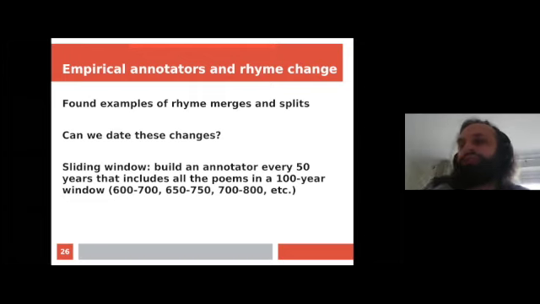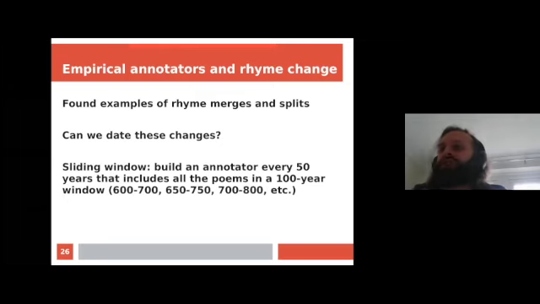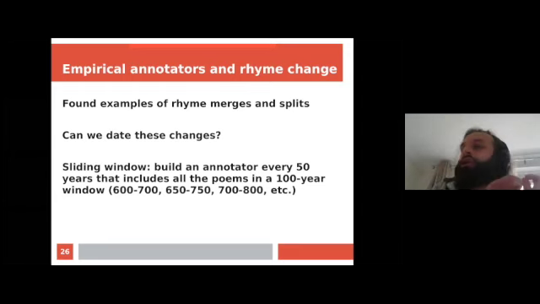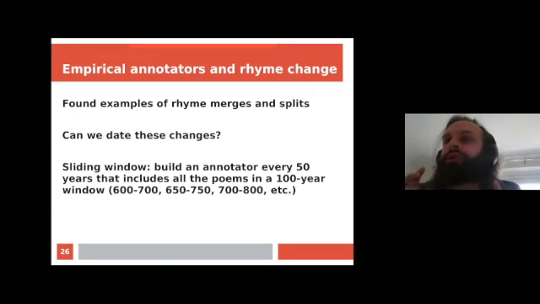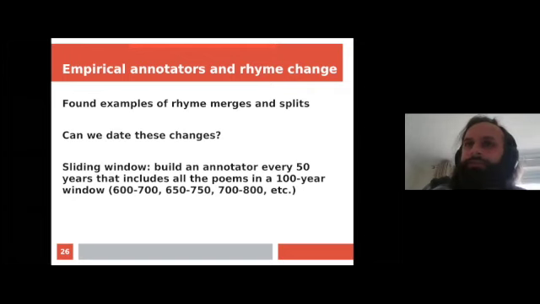So rhyme merge was in case 3, where something that used to be annotated as 5 rhymes in the Tang is now annotated as a single rhyme in the Song. And we've seen a sort of split with case study 4, where something that used to be rhyming actually became, well, should have been considered not rhyming anymore in the 13th century.